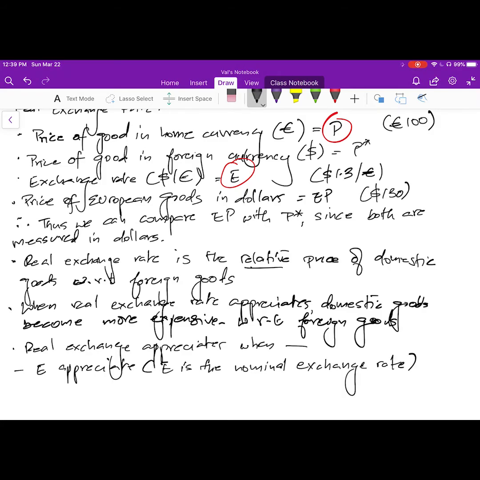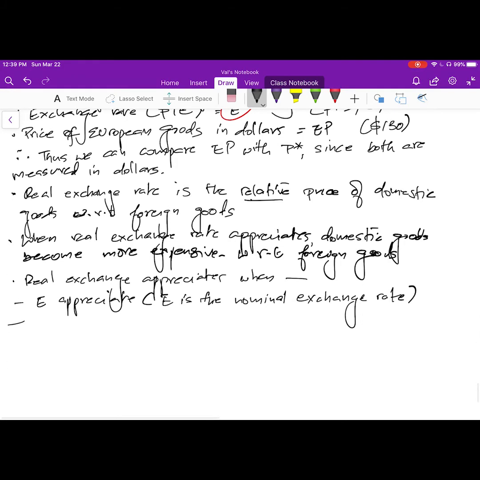Or, and this is the key, this is what differentiates real exchange rate from nominal exchange rate, if the domestic price level, once again we are in Europe so domestic prices are P, rise faster than foreign prices, which in this case are American prices, known as P star. So that's the concept of real exchange rate.